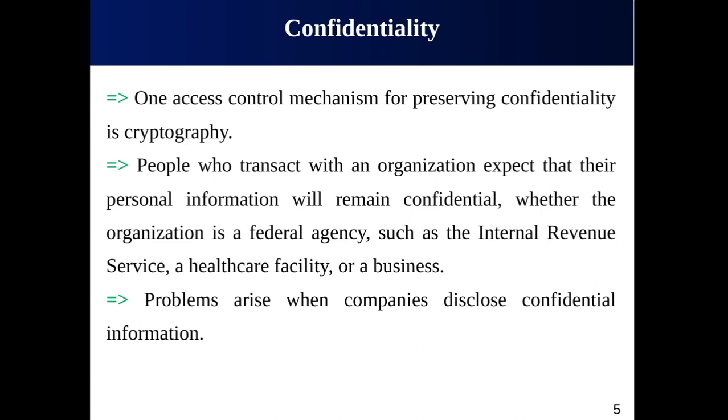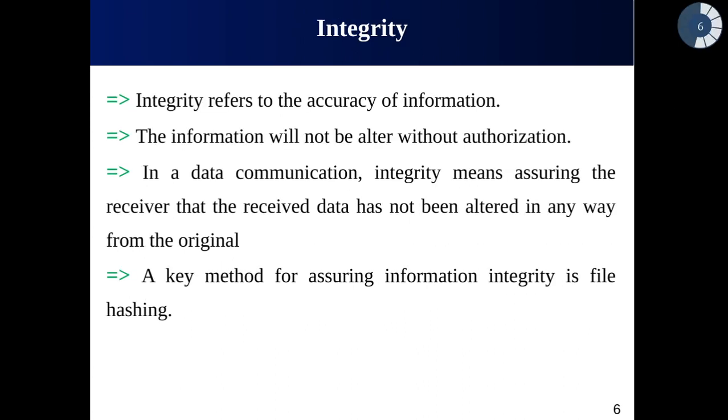There is confidentiality. On the other hand, we have integrity, which is another principle. Integrity refers to the accuracy of the information. Now we are not talking about existence, we are talking about accuracy. Information has integrity when it is whole, complete, and uncorrupted.